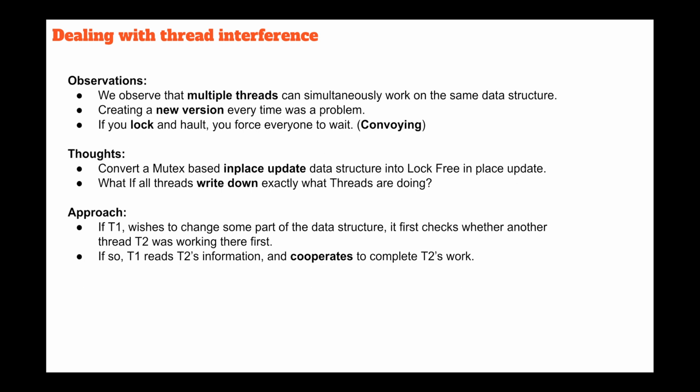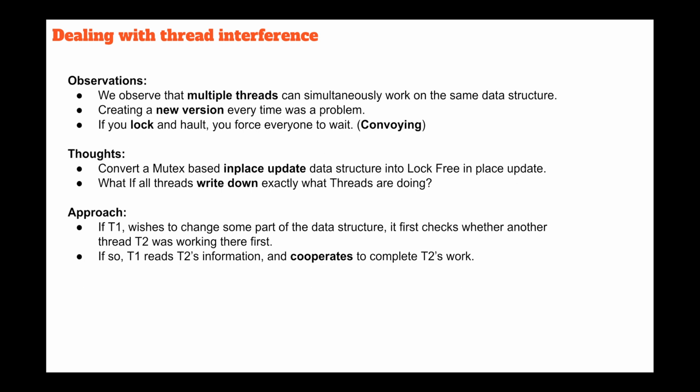So what if we can do it in place, and instead of using locks, have another way of doing things? Also, holding a lock and then halting will force other threads to wait as well. That's called convoying. The author doesn't want that, because this is entirely a lock-free data structure, so someone has to progress.